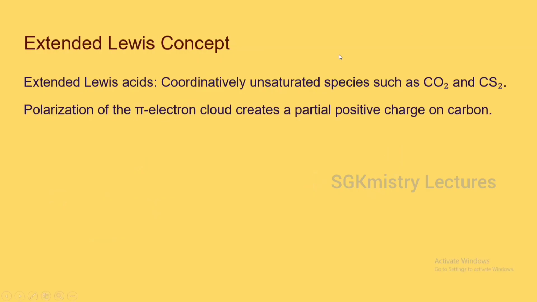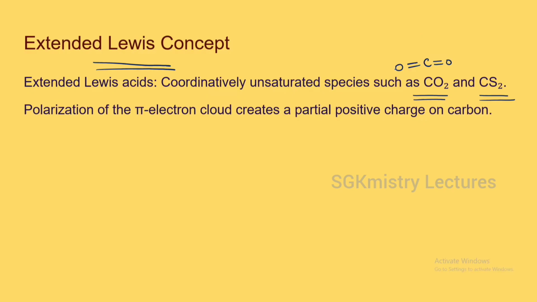Next, coming on to the extended Lewis concept. The extended Lewis acids mainly include coordinatively unsaturated species. For example, we have carbon dioxide or CS2, where the central atom is bonded to atoms of different electronegativities by one or more multiple bonds. Here we know very clearly that carbon dioxide has this particular structure.